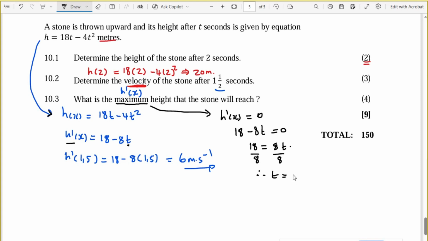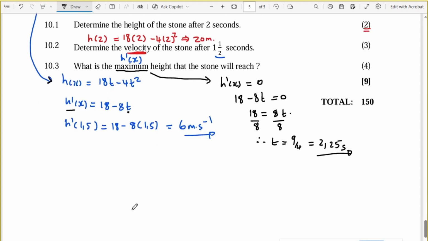9 over 4 in decimal form is 2.25 seconds. Then you take this time and substitute it into the original equation to find the height. So we have to find h at 2.25.